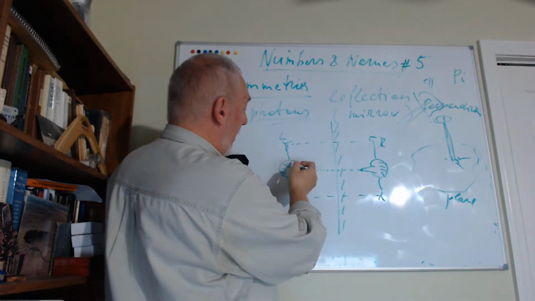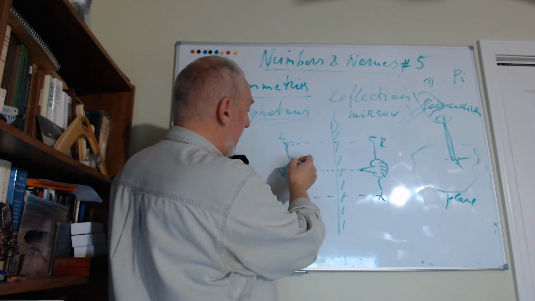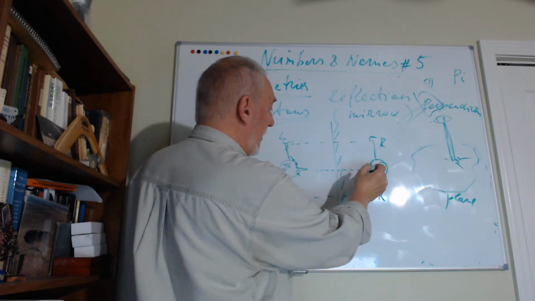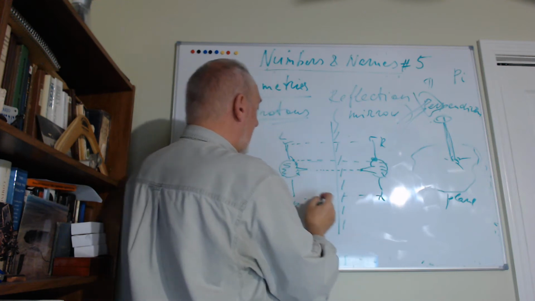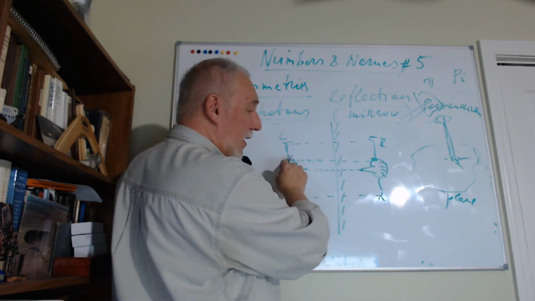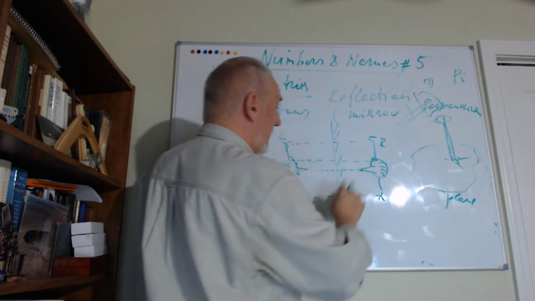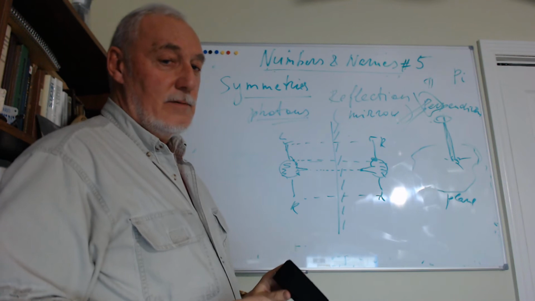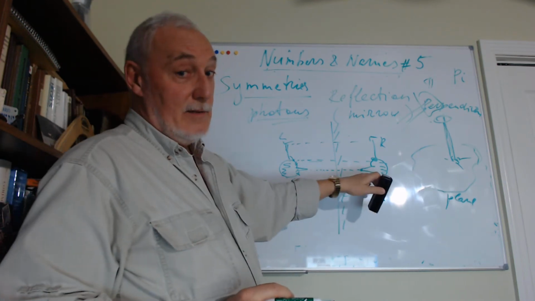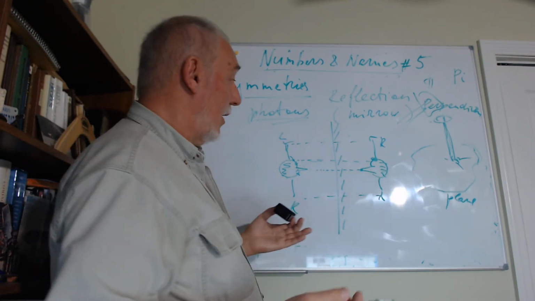And because you have a heart on your left side, right, your image will have a heart where? On the right. You have it on the left, so we'll have it on the right. So the image is almost like you, but it's interesting that it's somehow inverted, right?